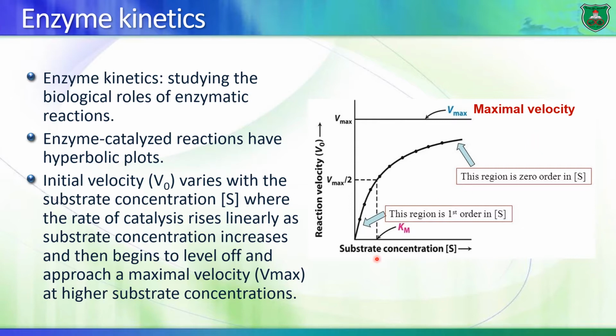Notice that it looks like a first order reaction at low substrate concentration. So it's linear, and then it becomes zero order at high substrate concentration until it reaches what is known as Vmax, or the maximal velocity of an enzymatic reaction.